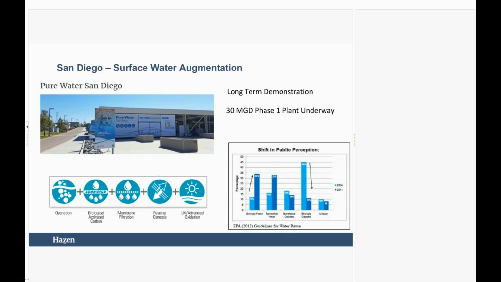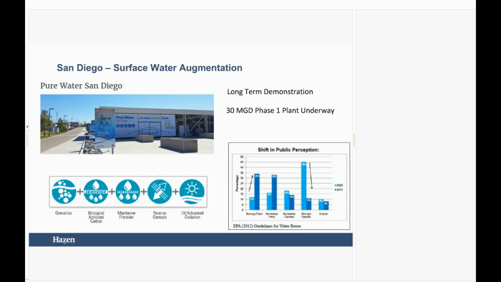One interesting thing to note in California is a shift in public perception with respect to reuse. San Diego in the late 90s was looking at potable reuse for surface water augmentation as part of their water supply. That project was effectively shelved, wasn't built, because of a lot of public reaction.